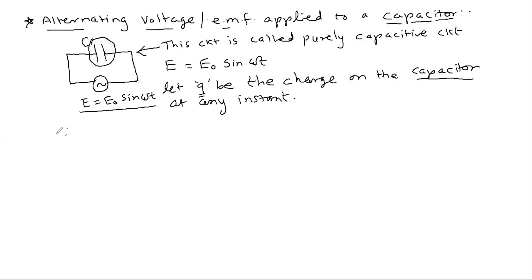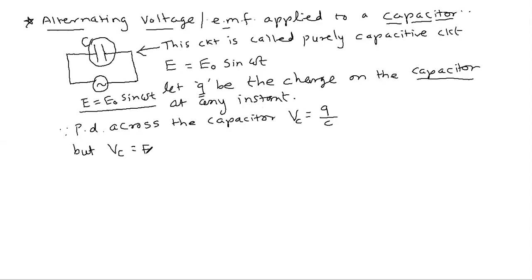Therefore, the potential difference across the capacitor, V suffix C, is equal to Q by C. This relation also you have studied. But V C is equal to E in this case. Potential difference is equal to EMF in this case, or Q by C is equal to E.